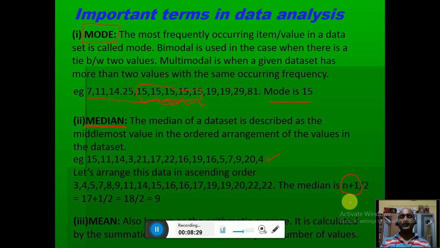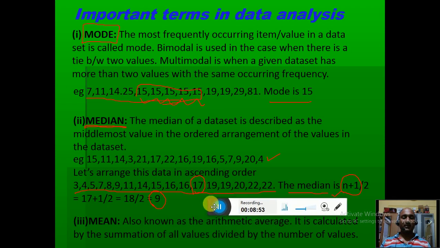This is not that difficult, but just to understand this, let us assume this particular series we have arranged in ascending order. Then the median is nothing but n plus 1 upon 2. What is n? n is the number of terms, that is nothing but like 17. So 17 plus 1 is 18, divided by 2 is 9. So therefore we got this median as 9.